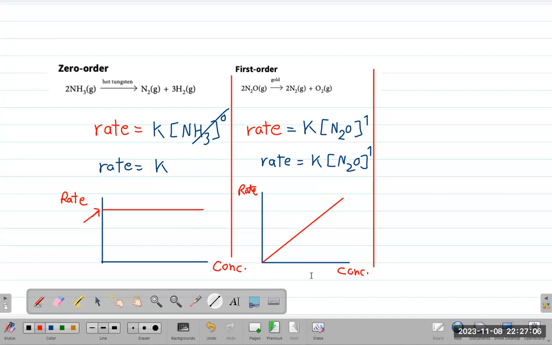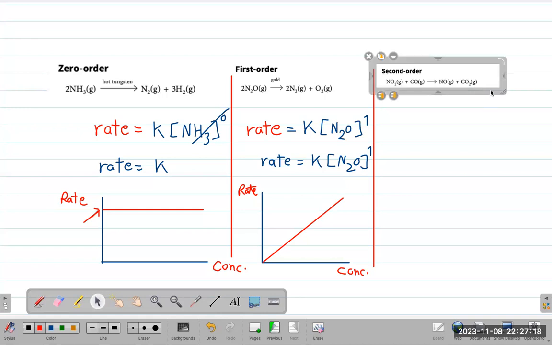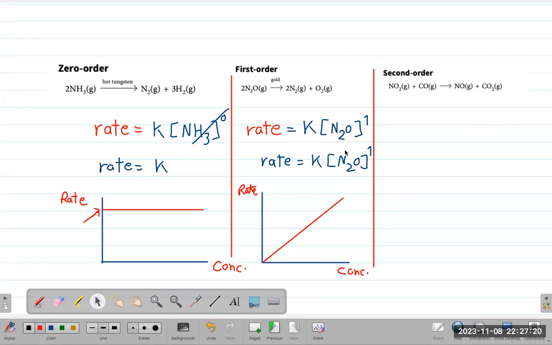What about an example of a second-order reaction? This is all relative to one of the reactants only. This reaction is between nitrogen dioxide and carbon monoxide. Here I will find that the reaction rate is dependent on only one of them, which is NO2, to the power of 2.